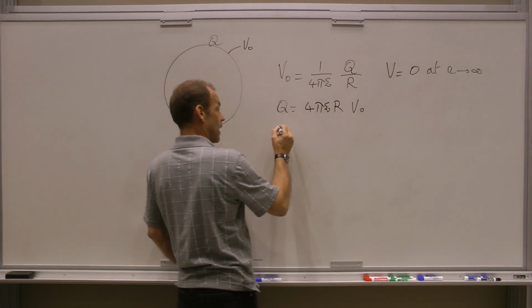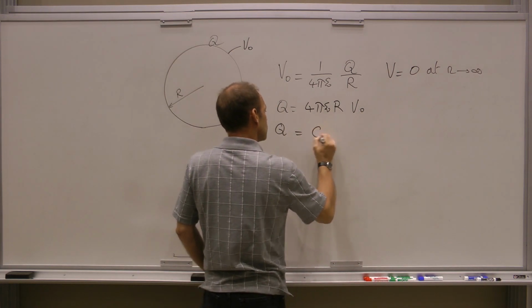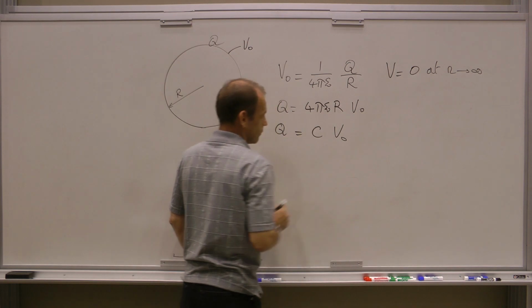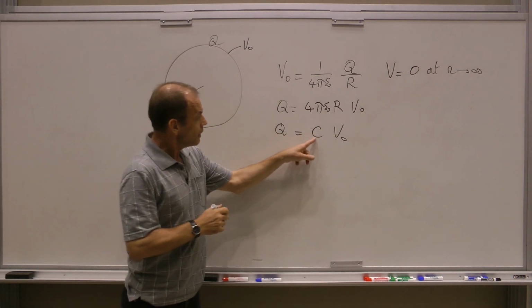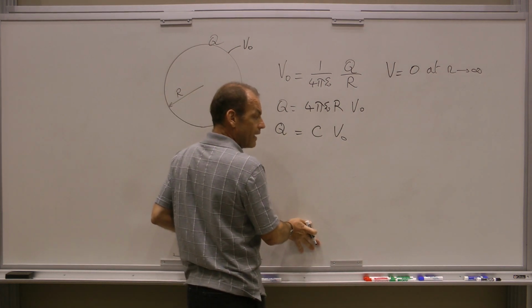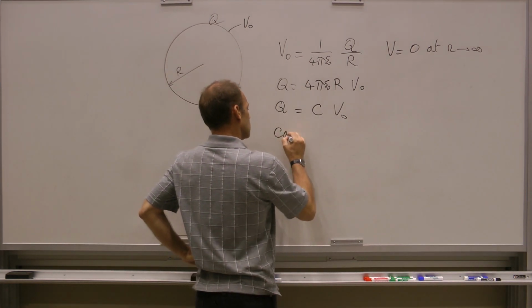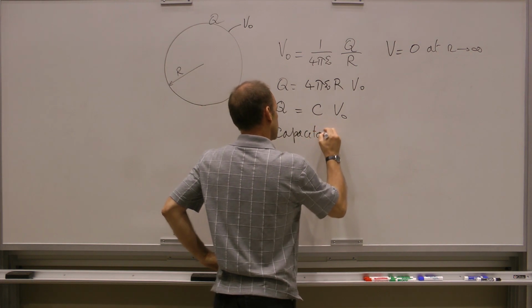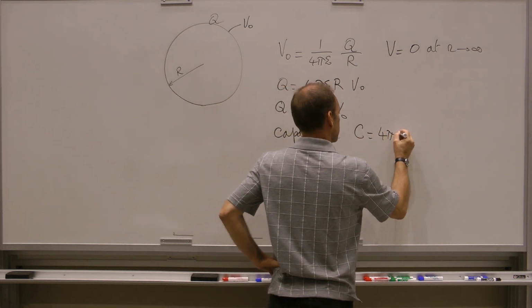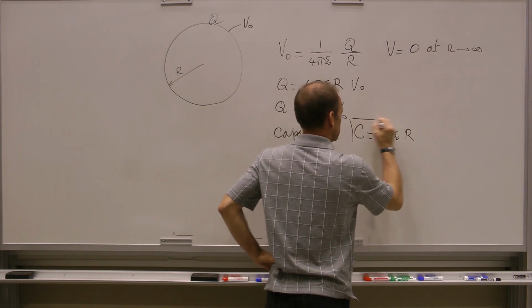And then I identify it as Q is equal to C V0. So immediately we see, through basic identification, what the capacitance of this sphere is. That sphere has a capacitance C, which is equal to 4 pi epsilon 0 r.